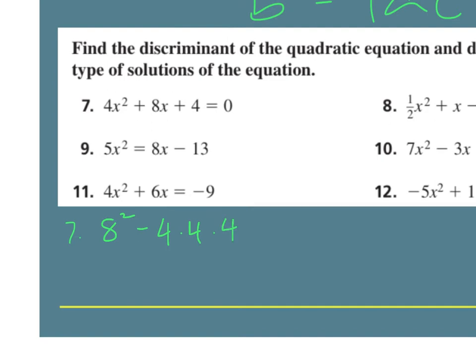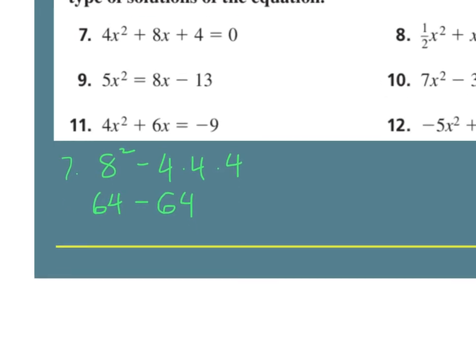So 8 squared is what? 64. And what's 4 times 4 times 4? 64. So 64 minus 64. So our discriminant is 0, and what does that tell us about our solutions? One real solution.